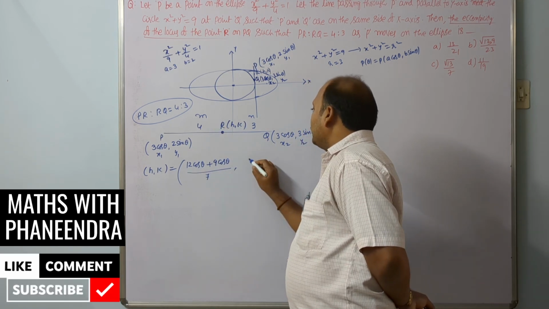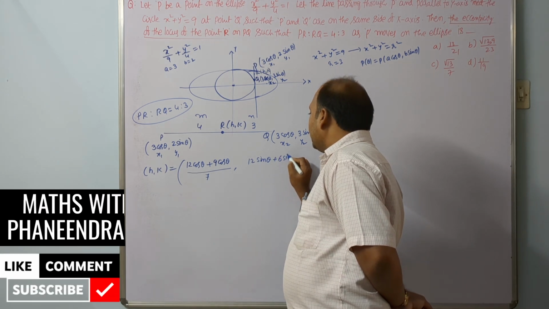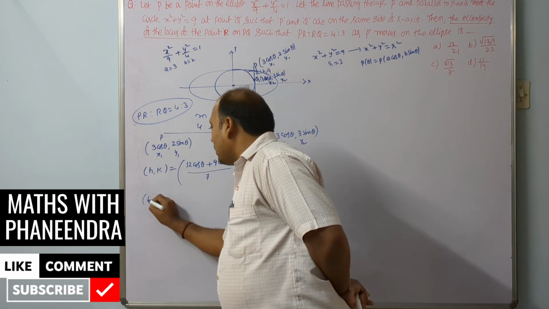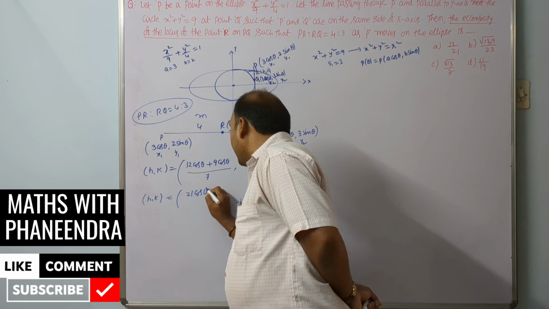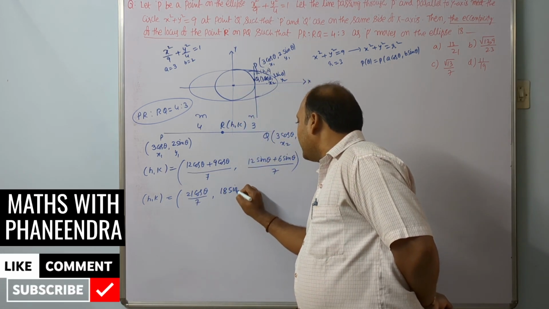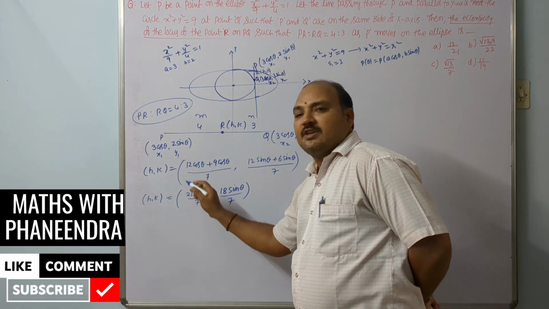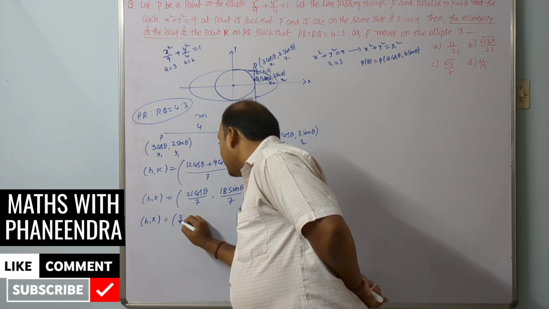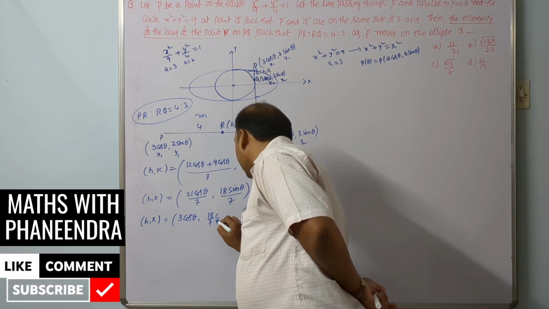For y, 4 into 3, 12 sin theta, plus 3 into 2, 6 sin theta, divided by 4 plus 3, again 7. So h comma k is equal to 21 cos theta divided by 7, comma 18 sin theta divided by 7. 21 by 7 is 3. So h comma k is equal to 3 cos theta, comma 18 by 7 sin theta.